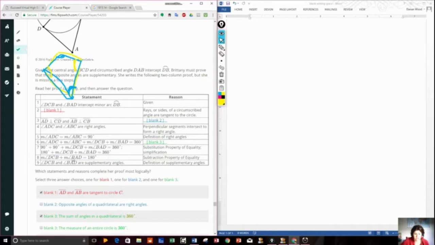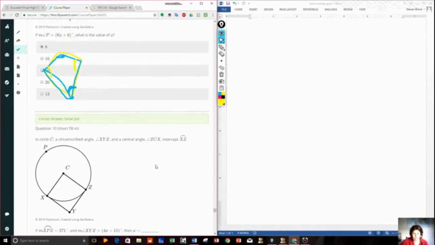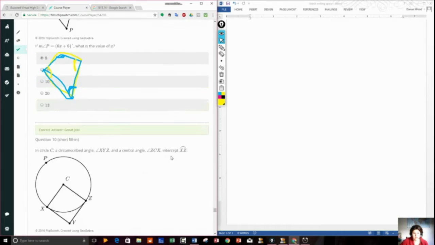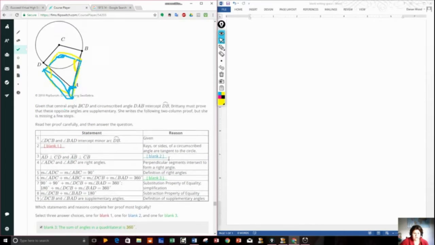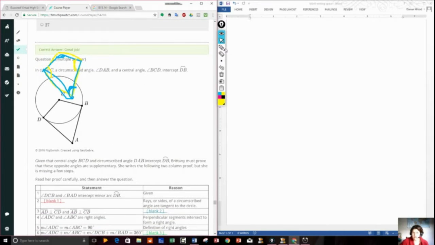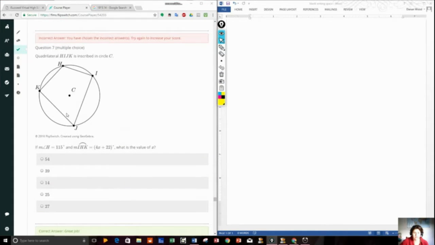So that's how she moved from step 7 to step 8. The definition of supplementary angles is that they add up to 180 degrees. So the rest of her proof was good. Great job.